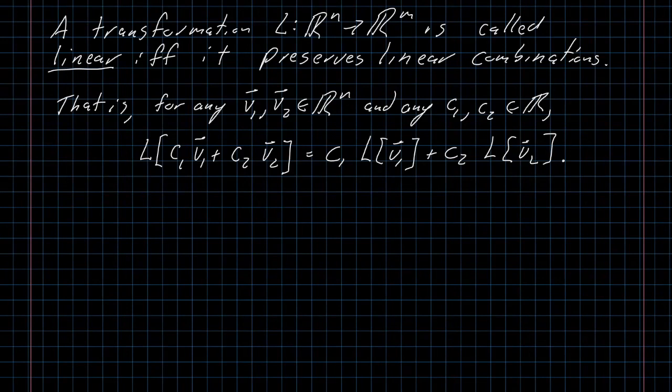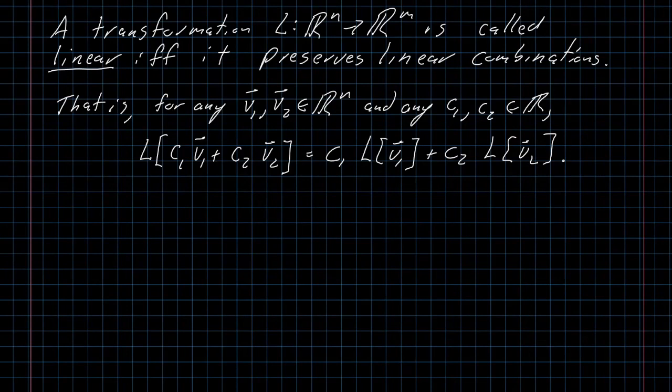And when we say that it preserves linear combinations, what we mean is that the transformation acting on this linear combination is the same linear combination of the same transform acting on the same two original vectors.